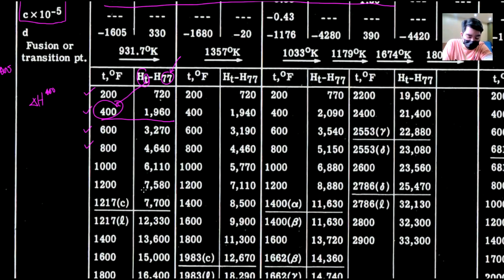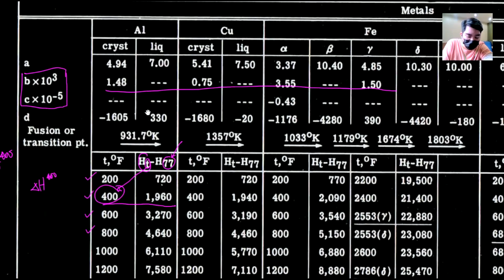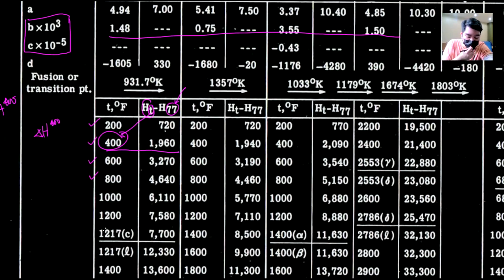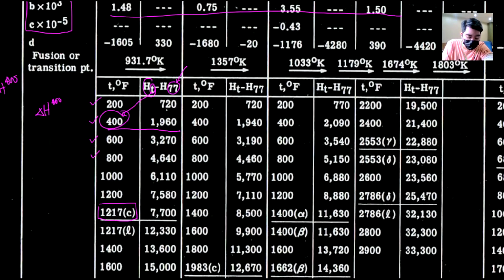Pero, what you can do is, actually, ito, no? So, if you notice, at the transformation temperatures, so for example, if you have aluminum, this is aluminum crystal, meaning solid to liquid. No? So, at 1217, notice how yung next temperature na is the same temperature lang, 1217.